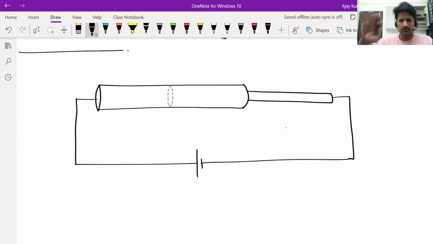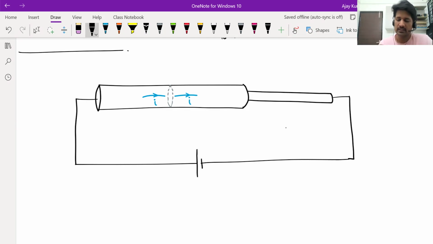We know battery will circulate electrons, right? Now you consider any cross section anywhere, the amount of current flowing into that cross section should always be equal to the amount of current flowing out of that cross section. Means the number of electrons coming into that cross section should be equal to the number of electrons leaving the cross section in a given amount of time. Inflow of charge should be equal to outflow.